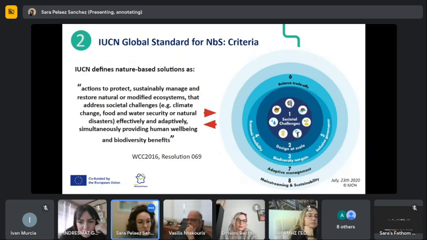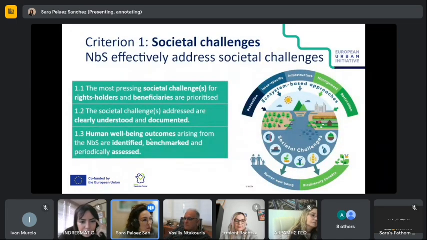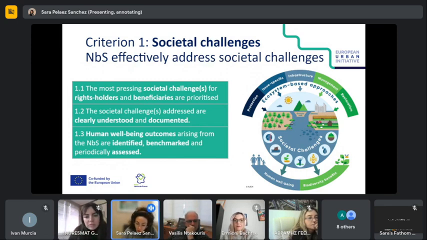You can see the 8 criteria in the infographic here. The first criterion tells you about the NbS being designed to effectively and efficiently address specific societal challenges. Those are climate change adaptation and mitigation, disaster risk reduction, ecosystem degradation and biodiversity loss, human health, socioeconomic development, food security, and water security.